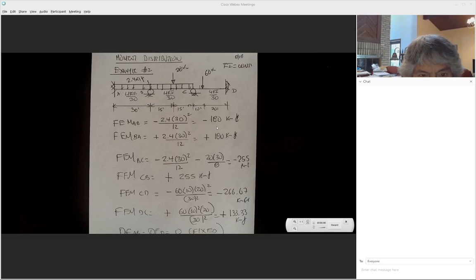That is the first case, when the load is in the middle. On the right hand side is also WL squared over 12 and PL over 8, but one is negative and one is positive. Here we have to be careful because they call this letter A on this side, and this letter B, in the table.